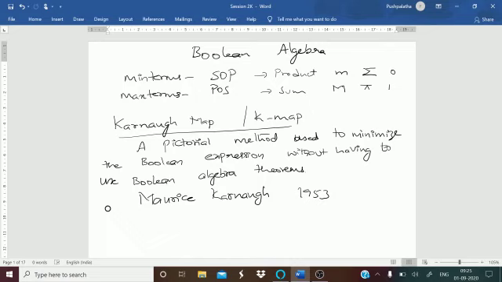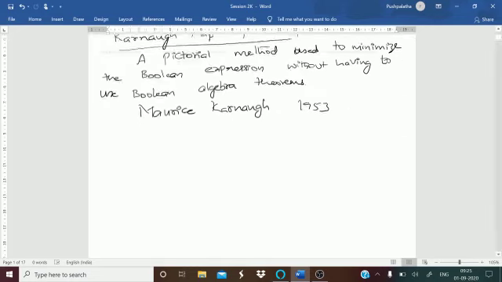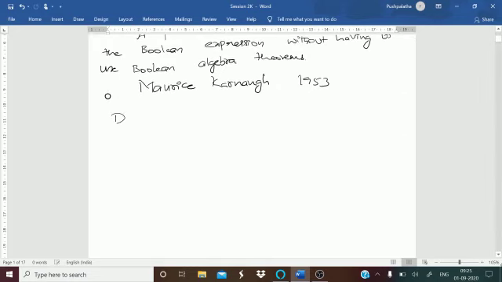Now, there are certain rules that you are going to use for the simplification of Boolean expression using K-map. Before going for that, let us have a glance at the different types of K-maps that we are going to use.